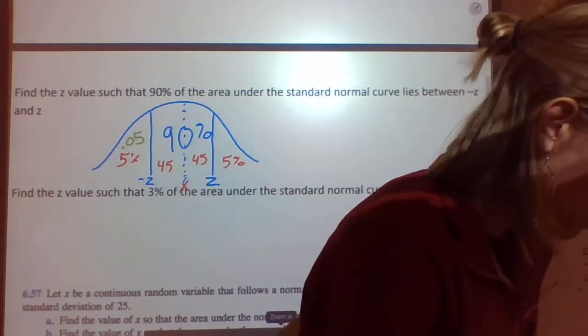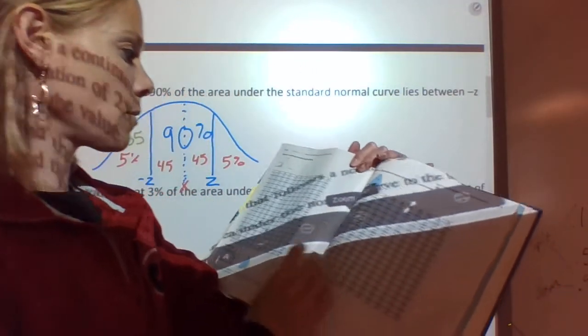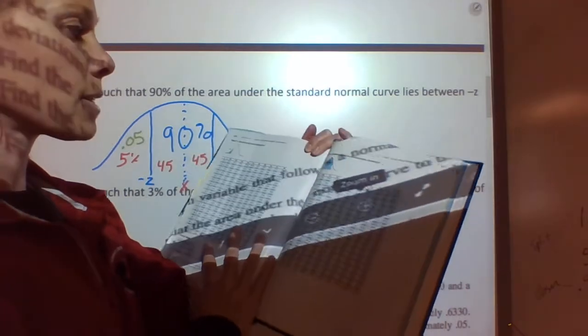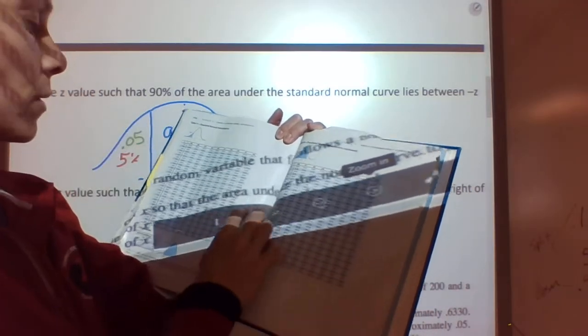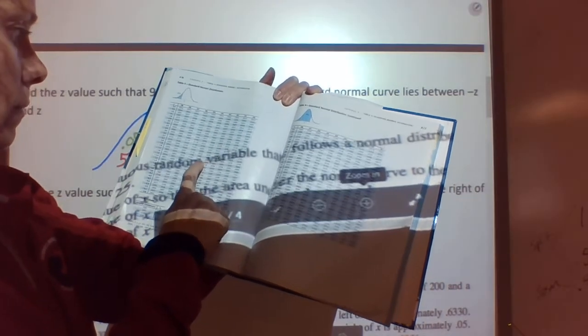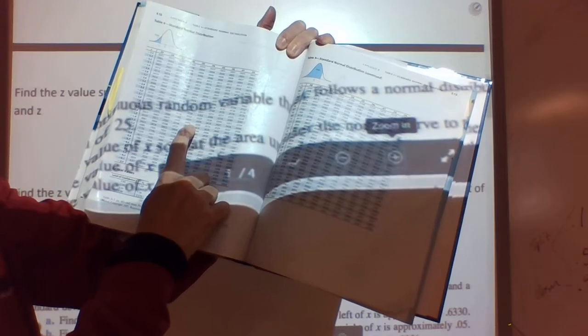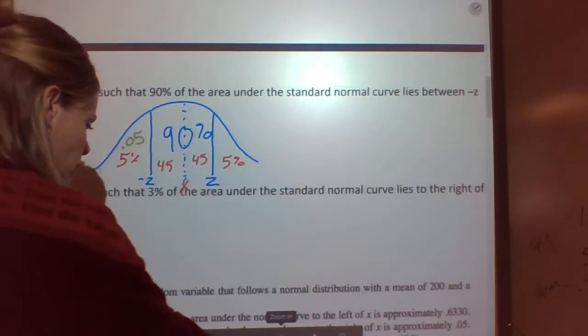So pulling out my book, 0.05, right? So you're not looking up a z-score, you're looking up percent. And you should notice 0.05 again lands right between two z-scores. And we kind of already had this earlier. So negative 1.645.